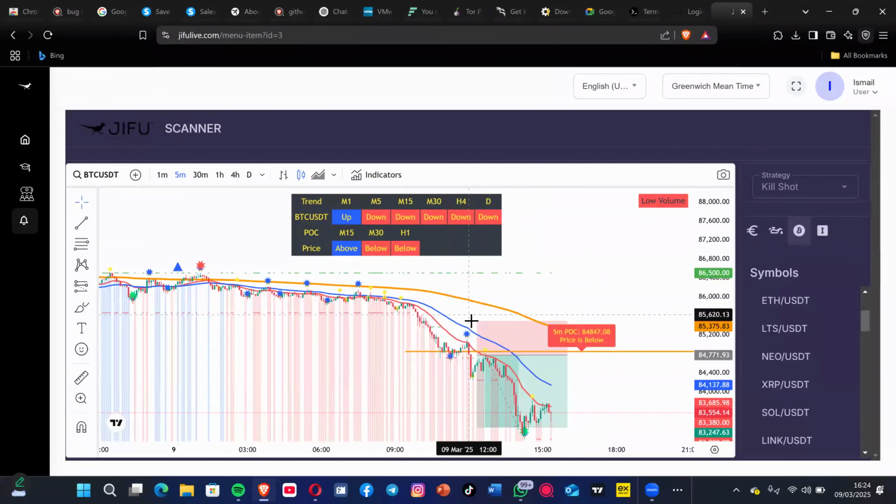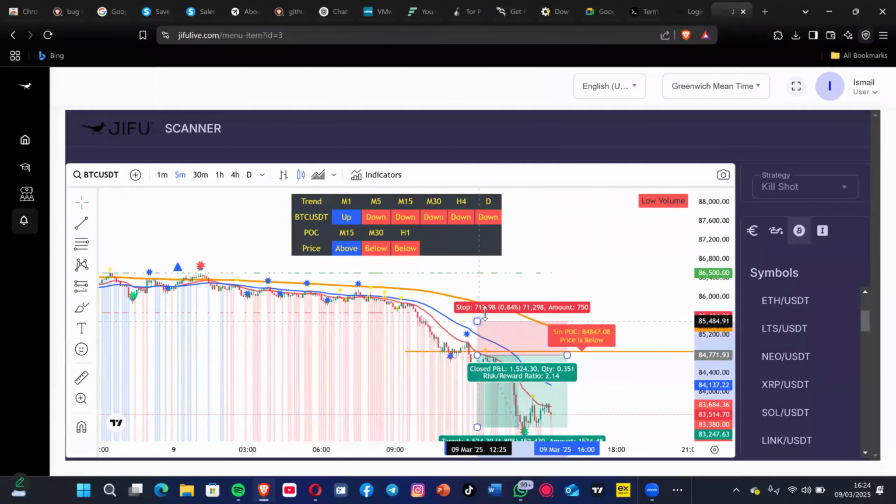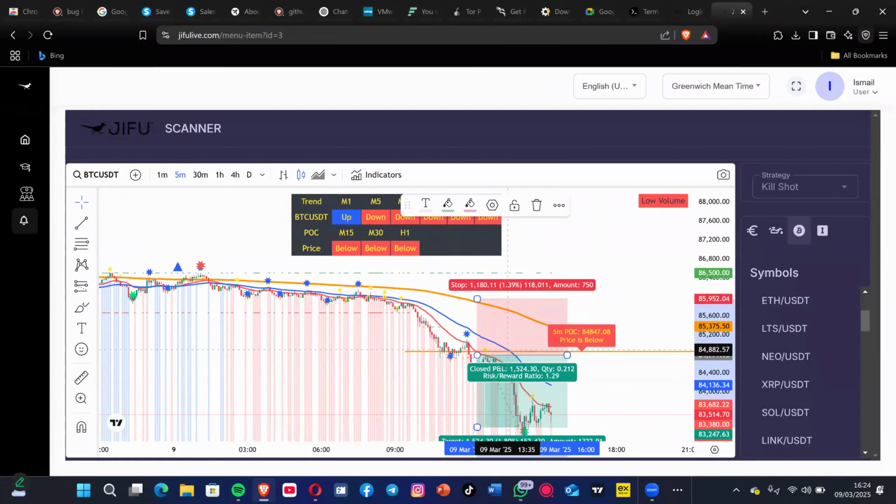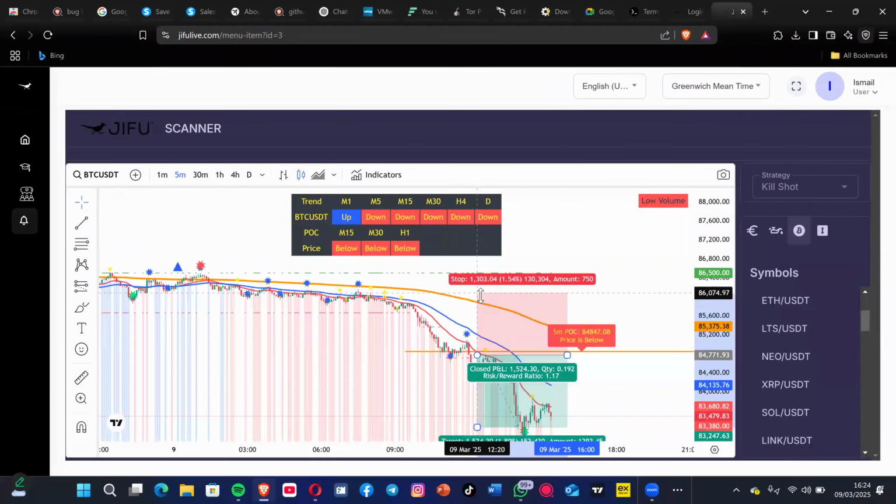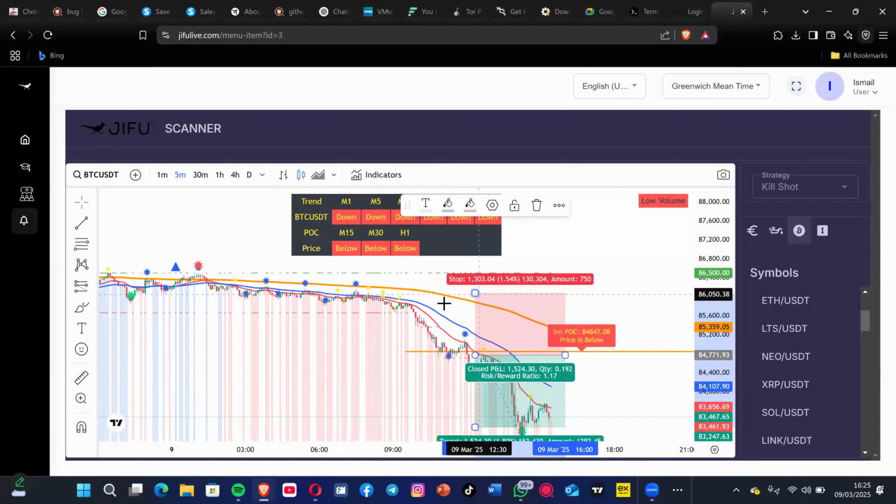So the moment you want to sell, always make sure the market is below this line. Now, your stop loss, if you want to be safe, must be above this one, because it's very difficult for the market to break through. So your stop loss is safe above this if it's a sell. And if it's a buy, your stop loss must be below.